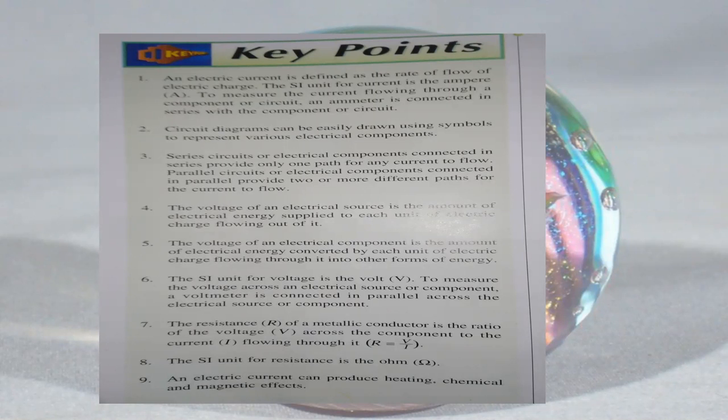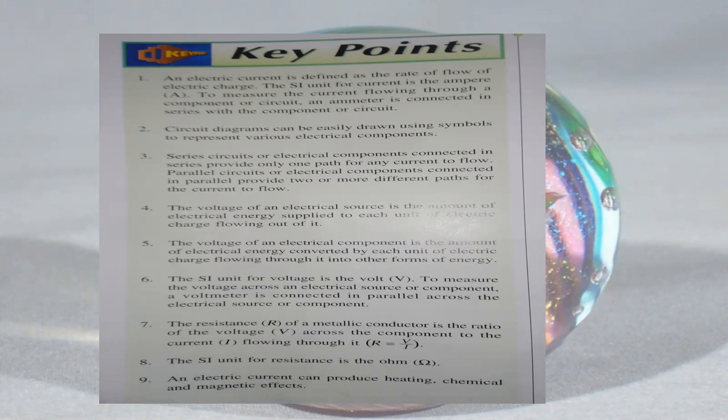The next thing we studied, the voltage of an electric source is the amount of electric energy supplied to each unit of electric charge flowing out. And the voltage across an electrical component is the amount of electrical energy converted by each unit of electric charge flowing through it into other forms of energy.